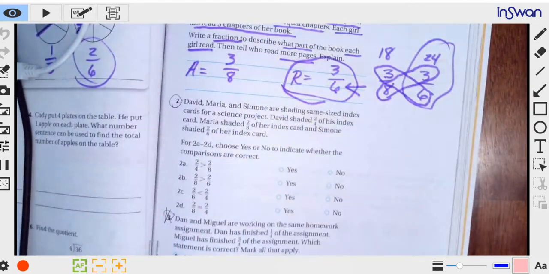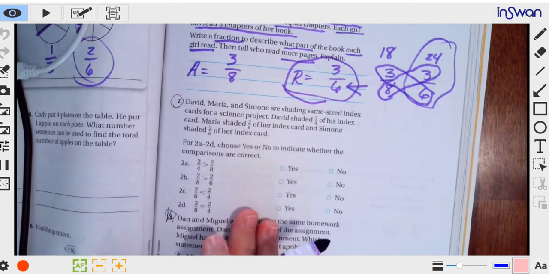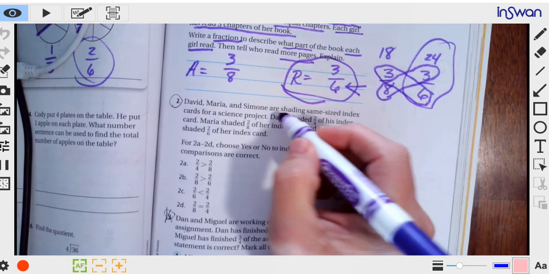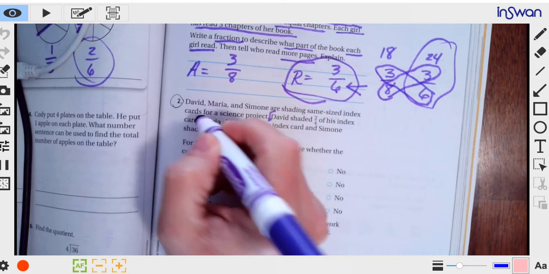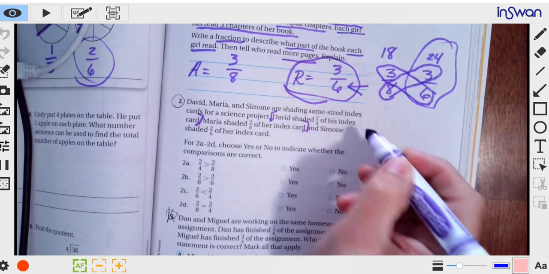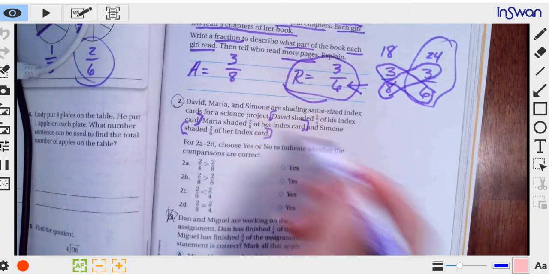David, Maria, and Simone are shading same size index cards for a science project. David shaded 2/4 of his index card. Maria shaded 2/8 of her index card, and Simone shaded 2/6 of her index card.